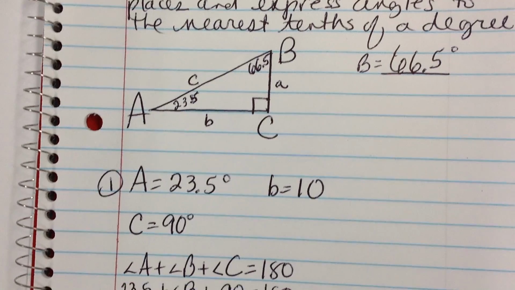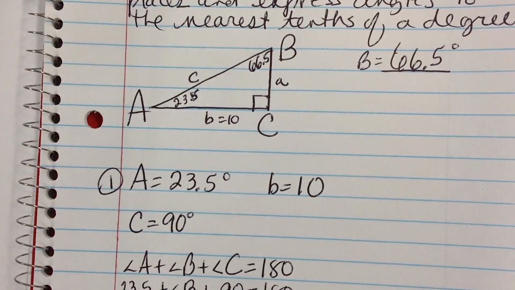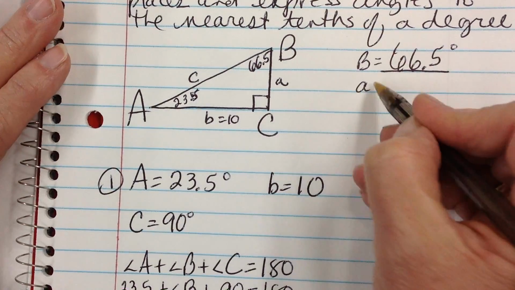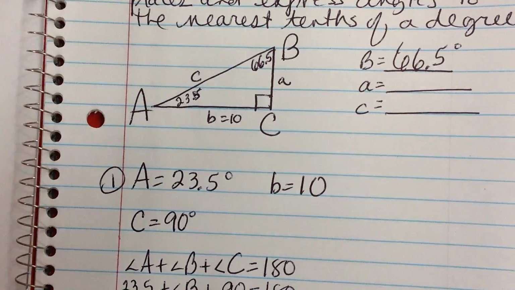Okay? Now, I know that side b is 10. But I'm missing side a, lowercase a, and side c, the hypotenuse, lowercase c. To find the missing sides of these triangles, we will use our trig functions.